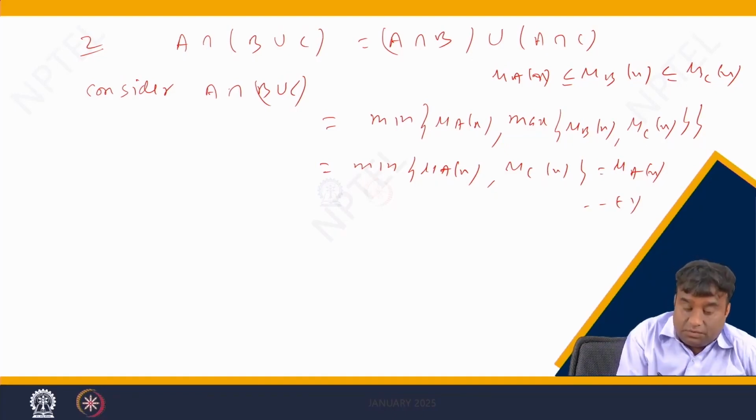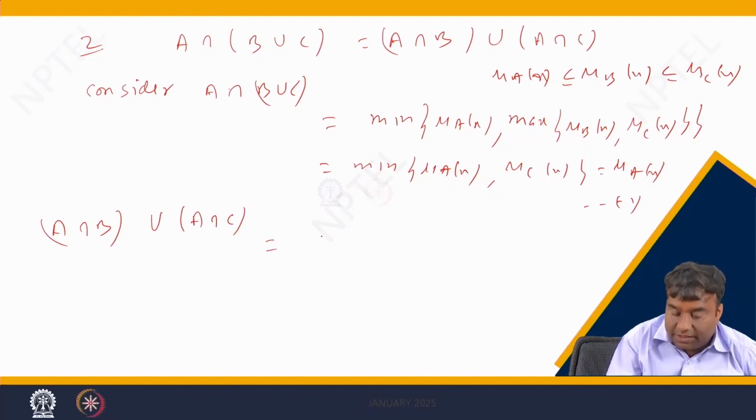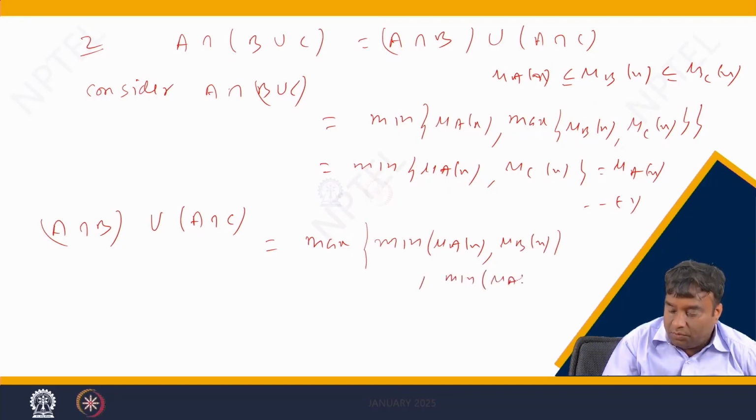Now try to understand the other side, that is A intersection B union A intersection C. So this is equal to the maximum of the minimum of mu A(x) and mu B(x), and the minimum of mu A(x) and mu C(x).